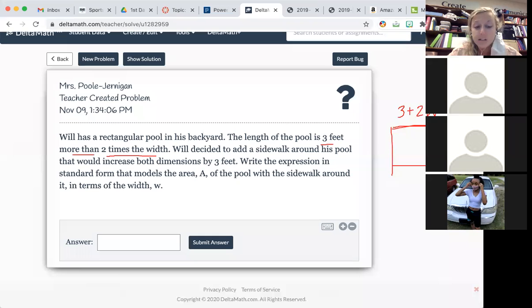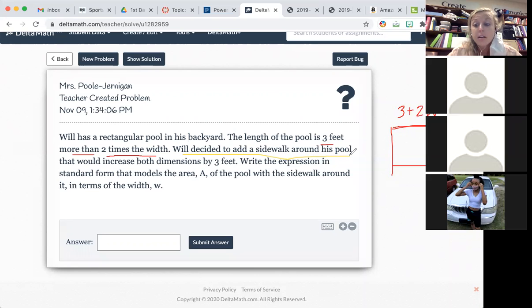Now, what did you just make the width? What letter did we just use? W. So the width is also W. So when we first build our pool, it's 3 more than 2 times the width, and we don't know what the width is. But then what does it say Will decided to do to his pool?